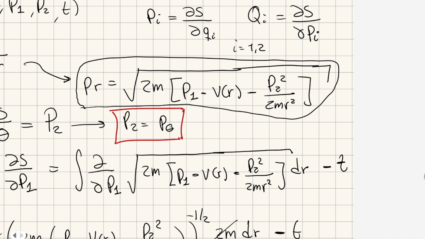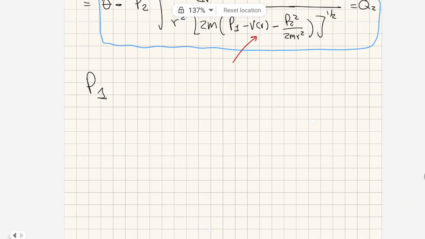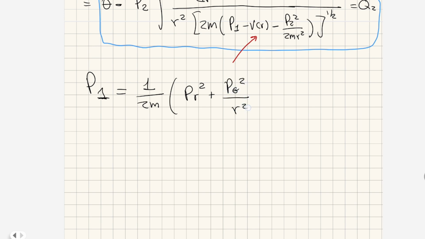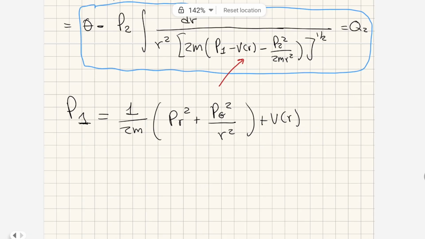So that means that if we solve this for P1, we will get a function that is only in terms of the little variables. So if we solve that equation for P1, we will get that this is 1 divided by 2m times PR squared plus P theta squared divided by R squared plus B of R. That, look, it is actually equal to the Hamiltonian of the system.